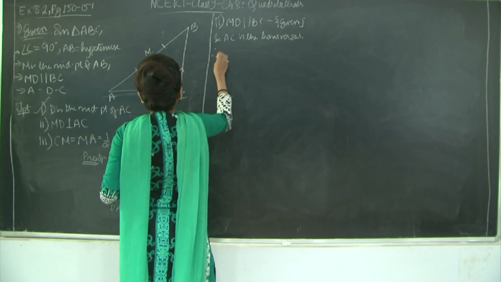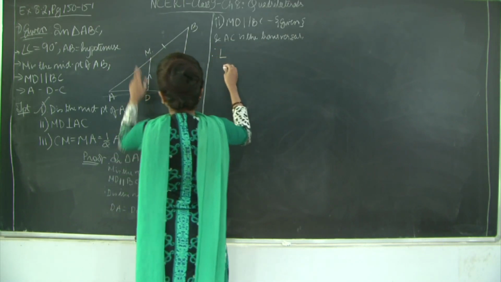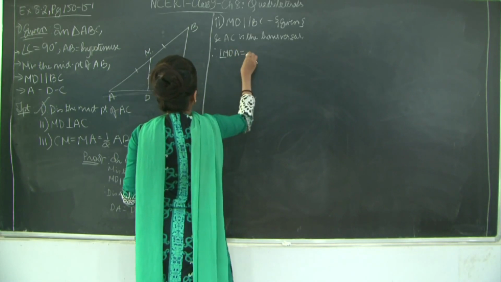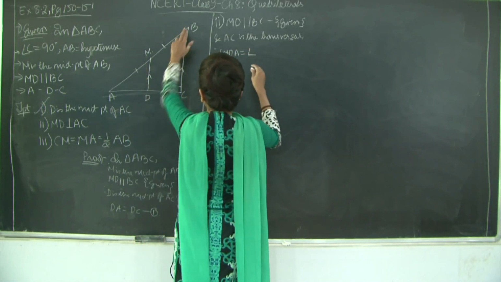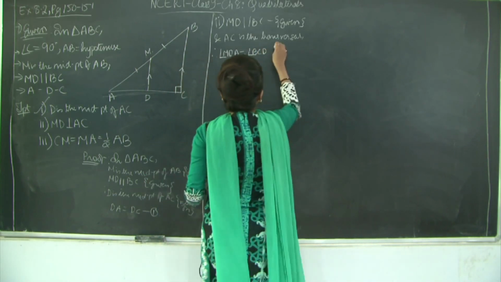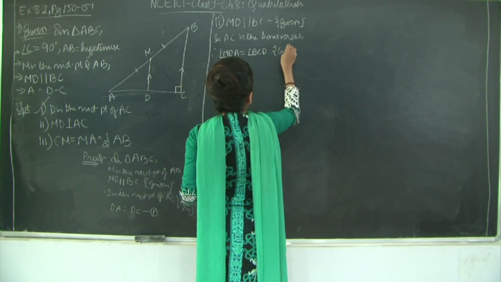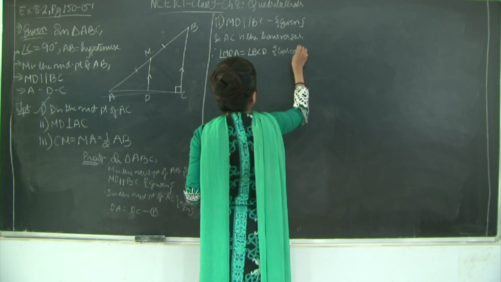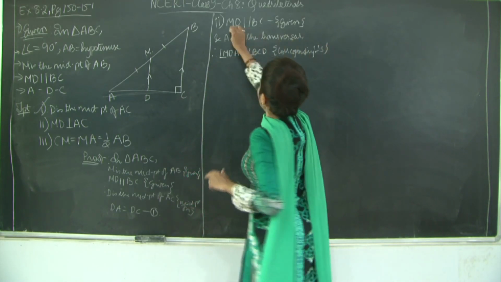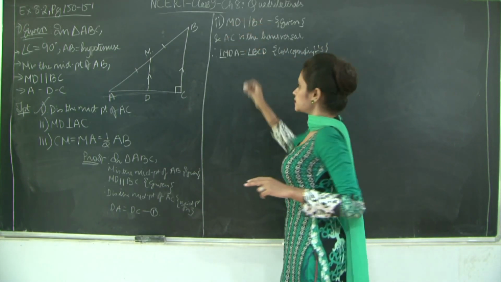Therefore, what do I have? Therefore, angle MDA is equal to angle BCD. Why? Corresponding angles. Corresponding angles for parallel lines MD, BC and transversal AC.